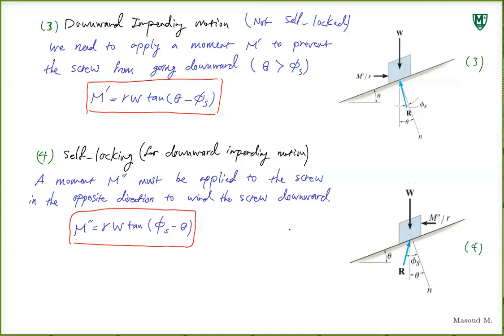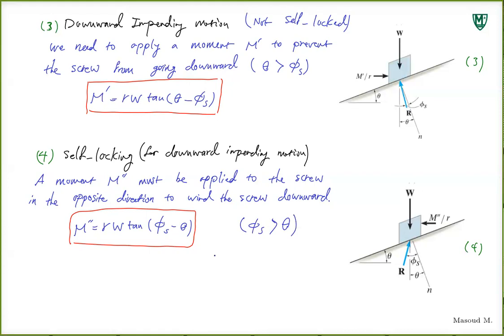And again, I highly encourage you to actually draw the free body diagram for this and follow the procedure we did for the first case, and see if you can derive this relationship between the moment we need to apply to the screw to keep it there, and lead angle, W, radius of the screw R, and finally the angle of static friction. You should be able to derive that based on the free body diagram for this case. And in this case, phi s is greater than theta.